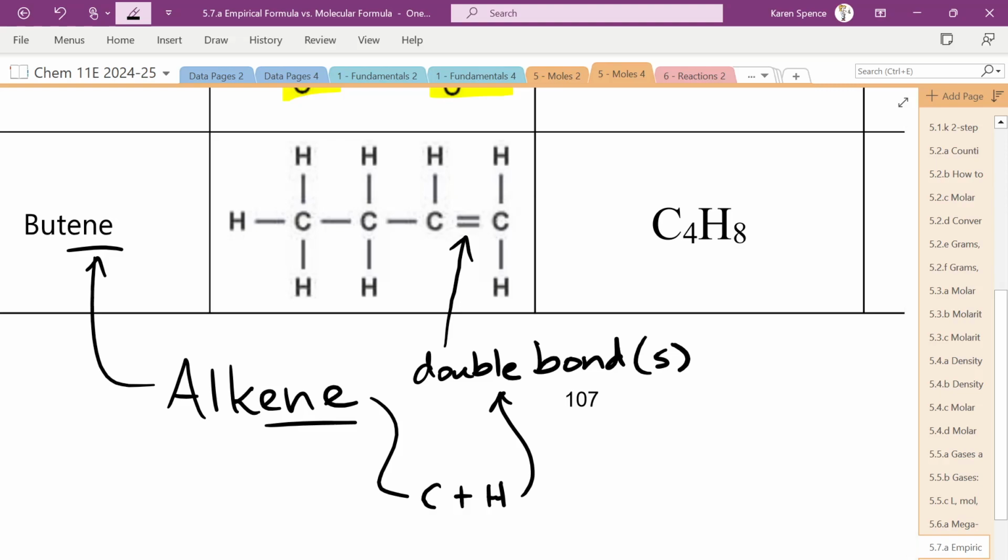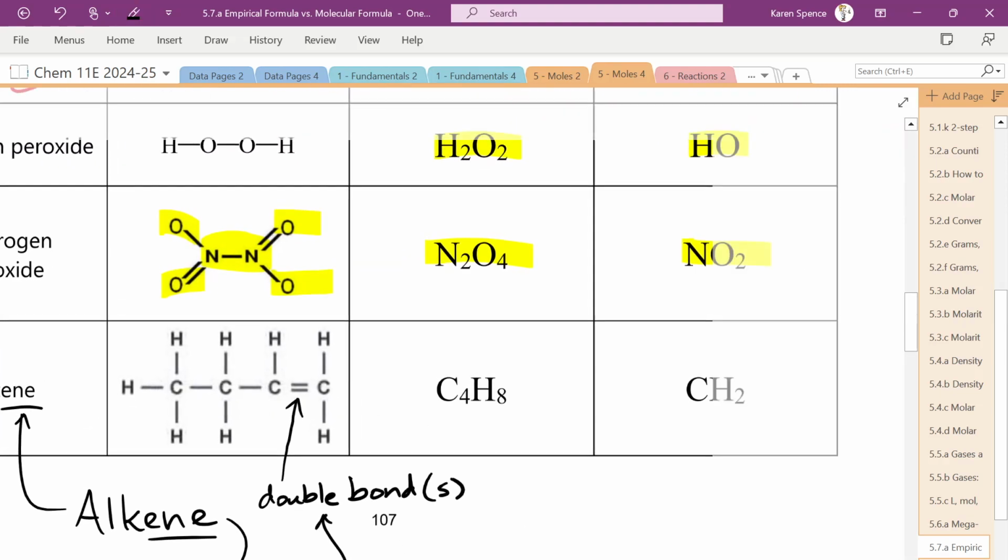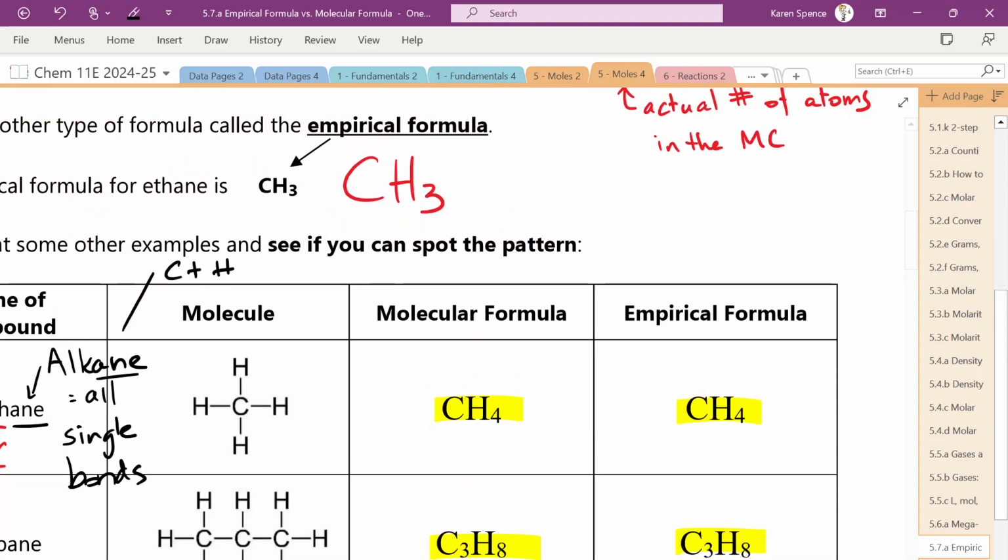So tell your partner what the relationship is between the molecular formula, which I'm going to call MF, and the empirical formula, EF. What is the relationship between those two? How do you get from the molecular formula to the empirical formula?